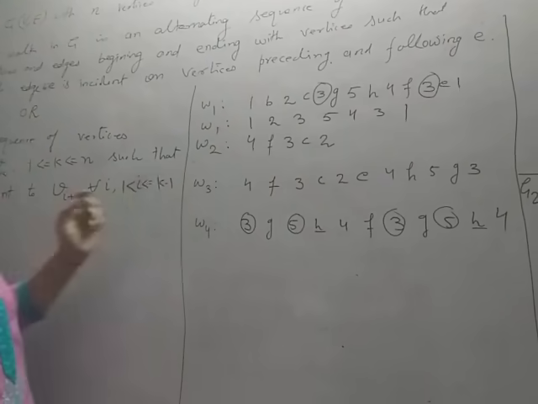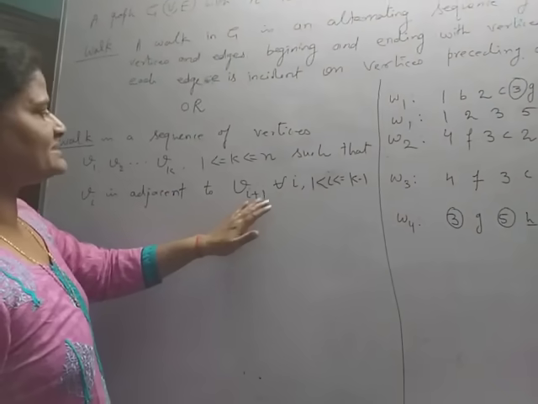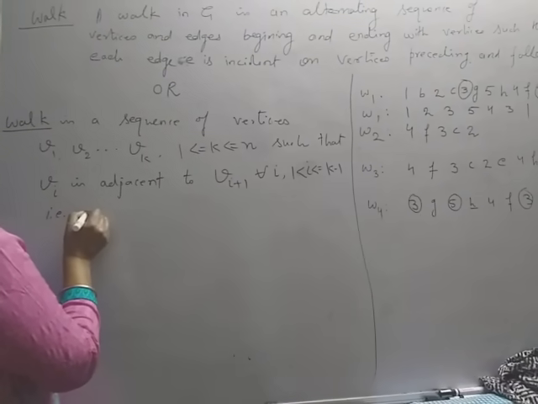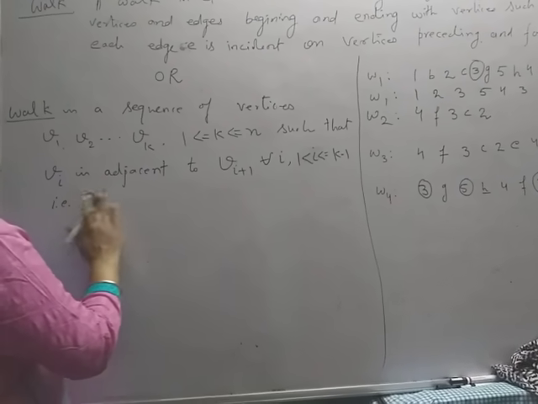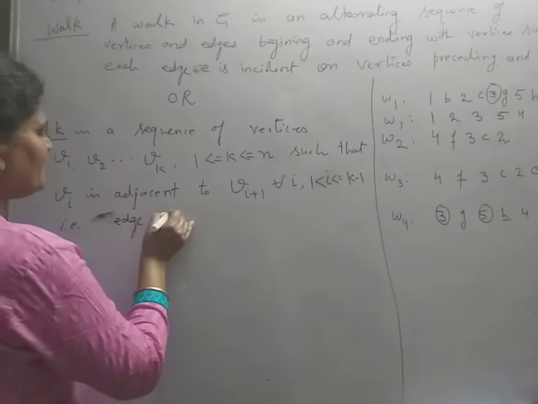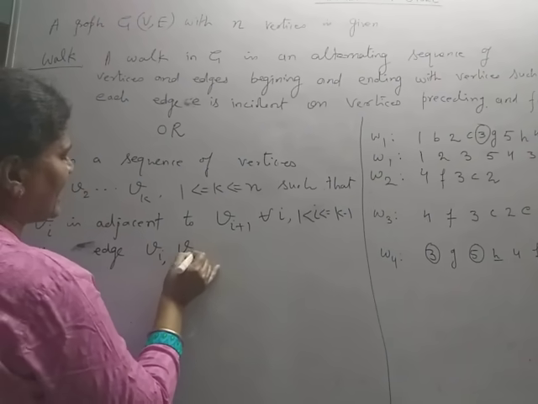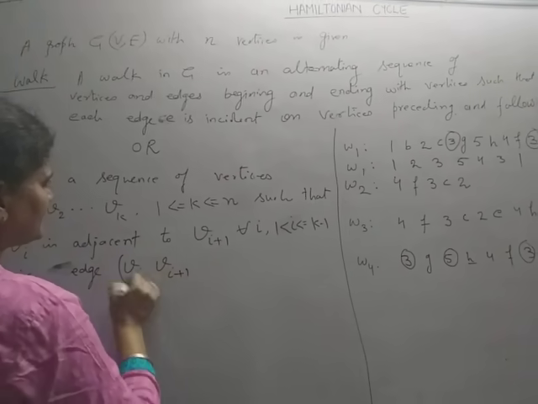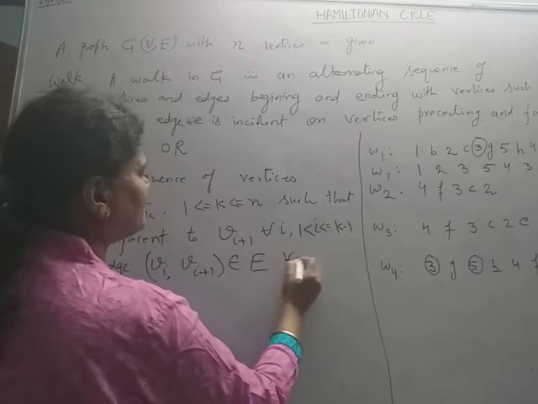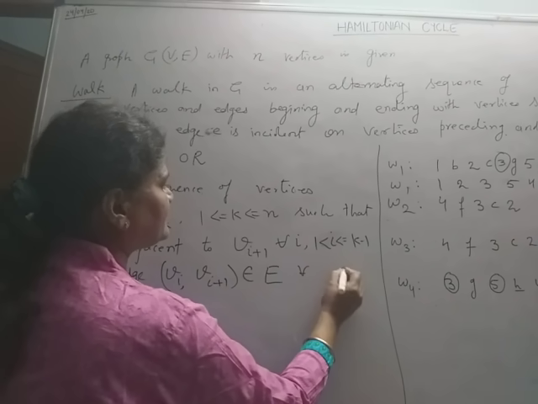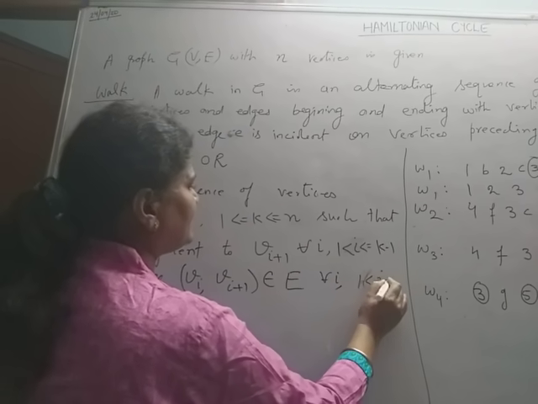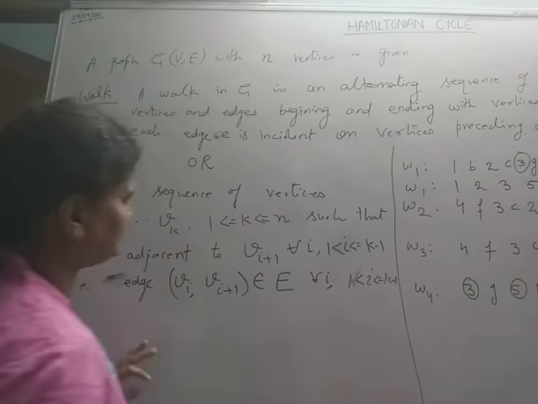What does adjacency mean? Here Vi is adjacent to Vi plus 1, that is, the edge ViVi plus 1 belongs to E, for every i greater than or equal to 1 and less than or equal to k minus 1.